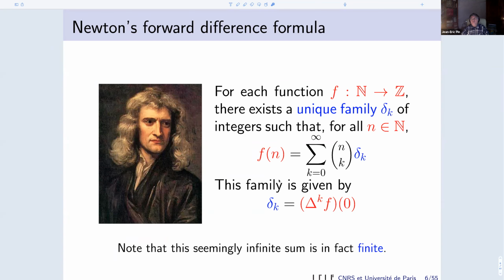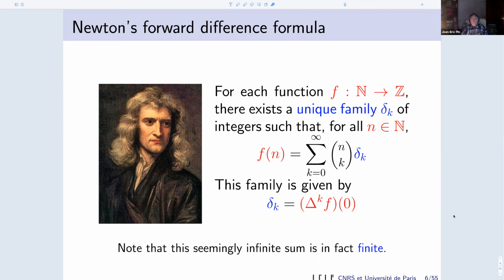And it turns out that this family delta k is given by the k times iterated difference operator applied to f at 0. And of course, this sum is apparently infinite, but in fact it is finite because the binomial coefficient vanishes for k larger than n. So this is one of the combinatorial ingredients that we will need later on.